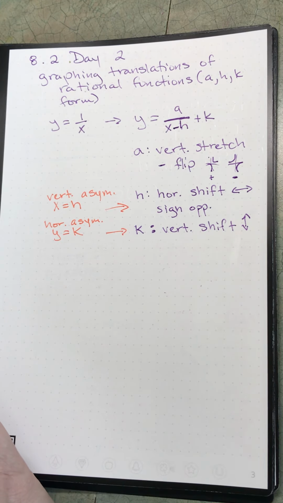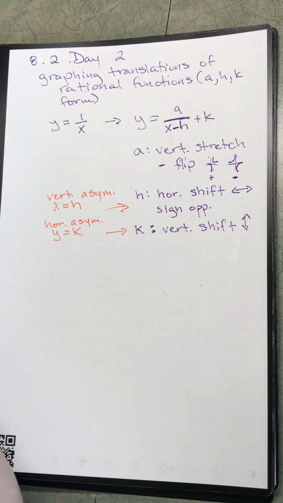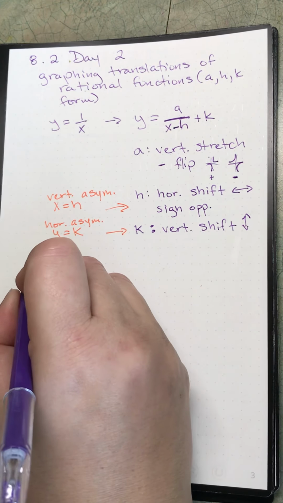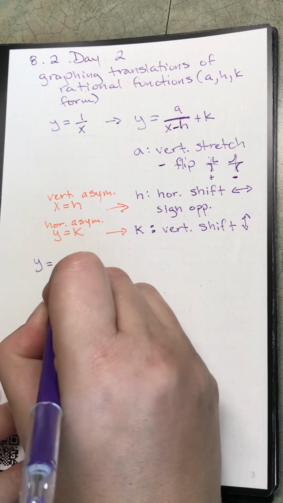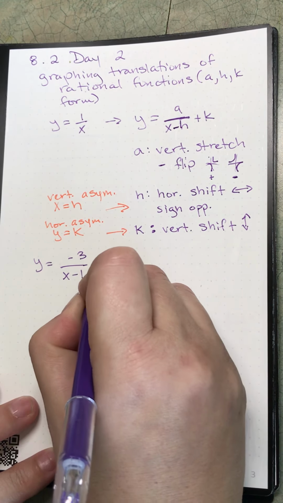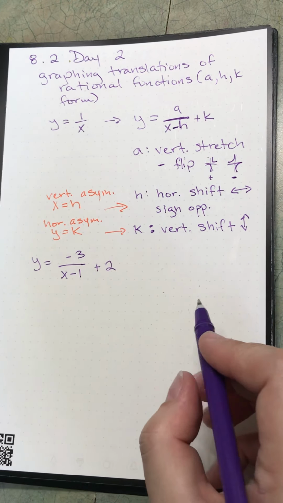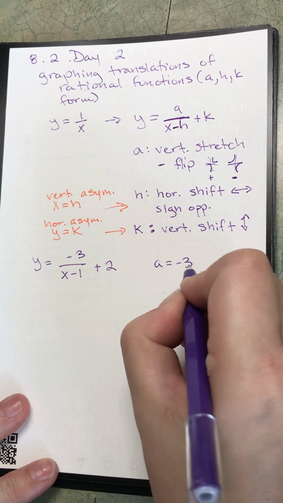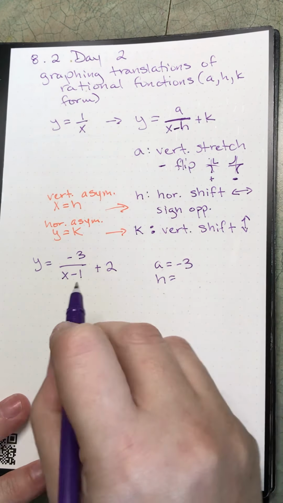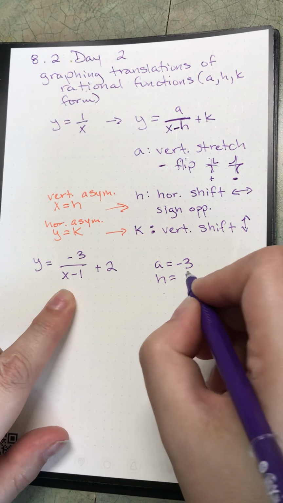So let's look at an example. If I have to graph the function y equals negative 3 divided by x minus 1 plus 2, my a value is negative 3. My h value is, this is minus 1, so it's going to be positive 1.